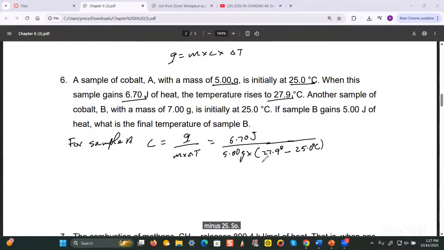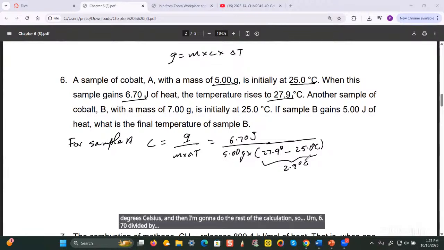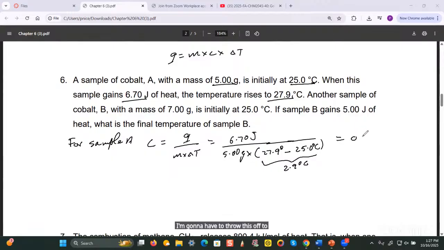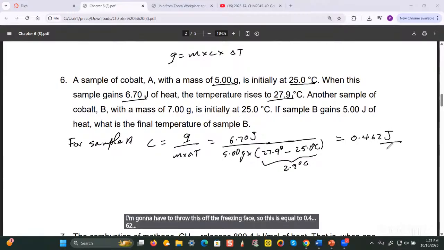I calculate that to be equal to 2.9 degrees Celsius, and then I'm going to do the rest of the calculation. 6.70 divided by 5 times 2.9. And according to my calculations, I have to round this up to 0.462 joules per gram degrees Celsius, right? So that's the specific heat of cobalt based on the numbers given for sample A.